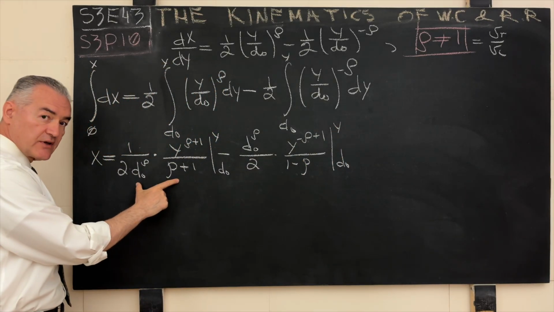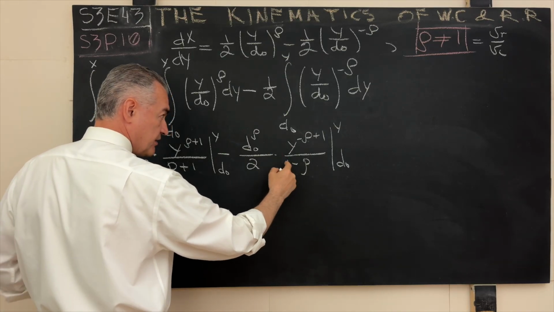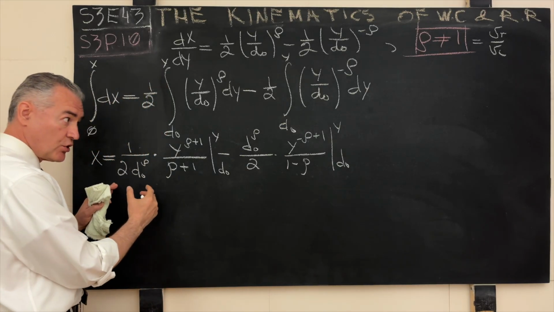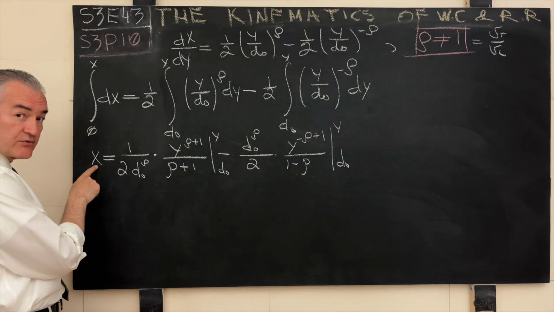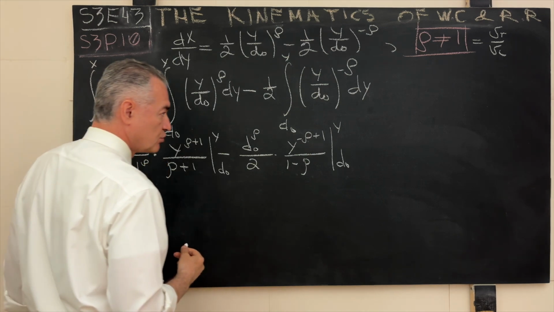So here we will have evidently two terms. We figure that the two constant terms here can be combined into one. So we will have one constant term and two non-constant terms. This is our analytic expression for the shape of the trajectory, x and y tied together into one beautiful relationship.